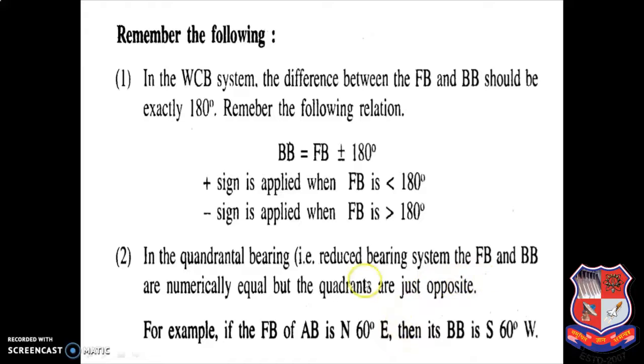Fore bearing and back bearing are numerically equal, but the quadrant is just opposite. North is opposite to south, east is opposite to west. So the back bearing will be south 60 degree west. This is very simple, you can remember it easily.